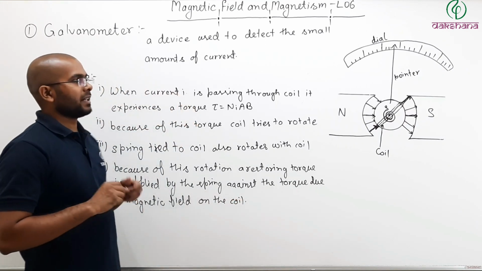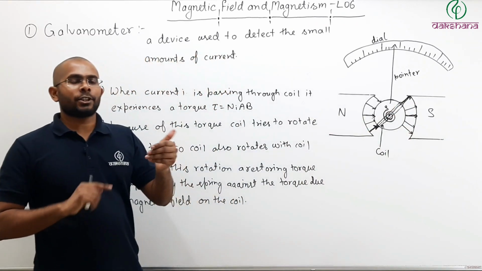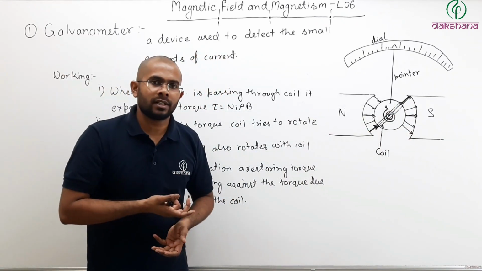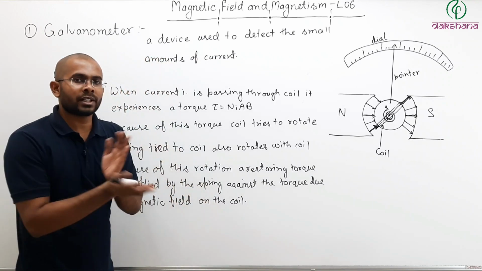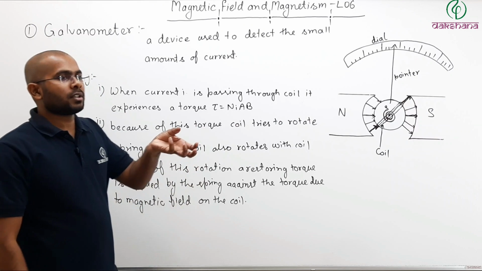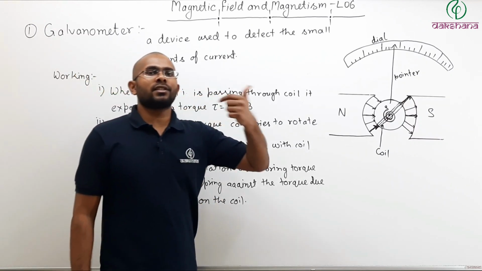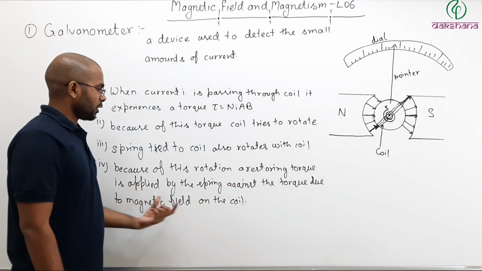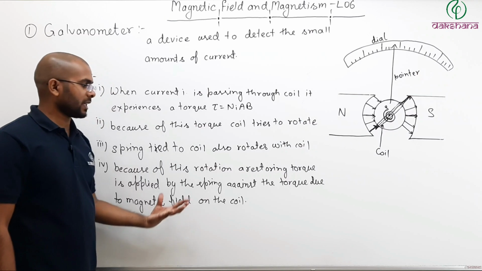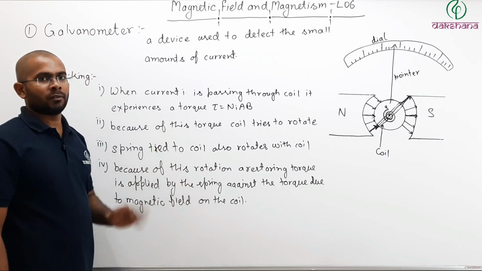So the magnetic field applies torque on the coil. Because of that torque, the coil tries to rotate. When the coil tries to rotate, the spring also rotates with the coil, and because of the rotation of the spring, it tries to apply restoring torque on the coil. Against which torque? Against the torque applied by the magnetic field on the coil. Pause the video, note it down, then we will move forward.